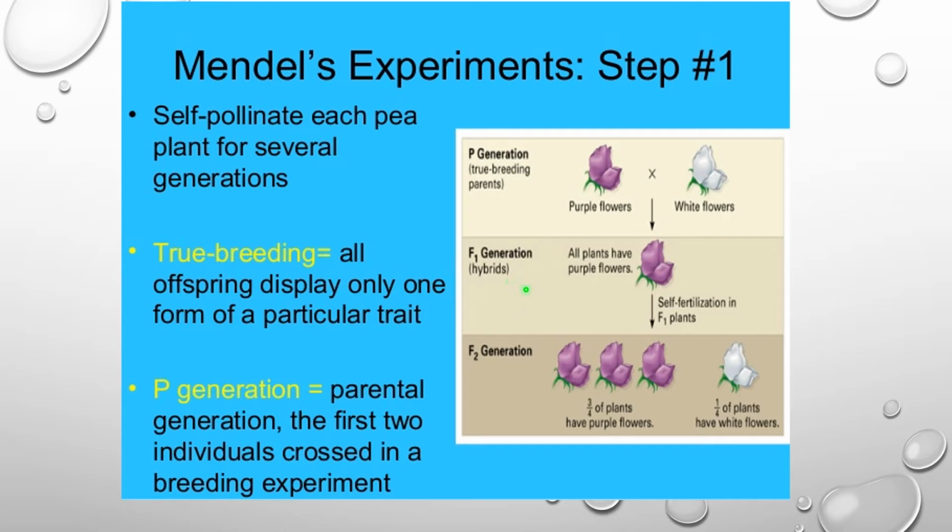At the same time, when selfing of the F1 progeny was carried out, the F2 generation showed purple as well as white flowers. Since white flowers were not obtained in F1, the white color, being recessive, was hidden. So this is step 1, to obtain true breeding parent plants.